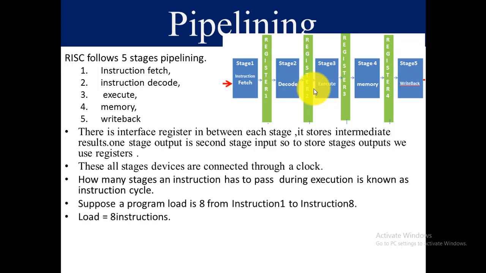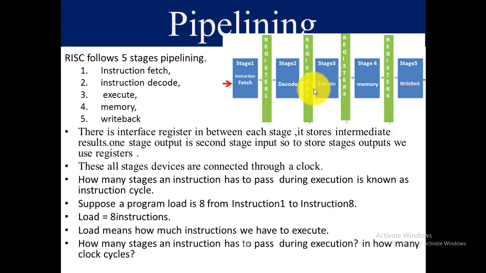Let's understand it with an example. Suppose the program load is 8, from instruction 1 to instruction 8. Load means how many instructions we have to execute, right? So we have 8 instructions to execute in RISC by using the pipeline architecture.